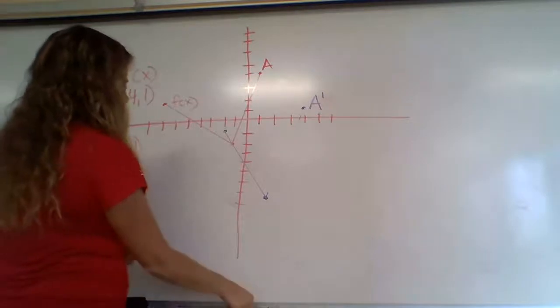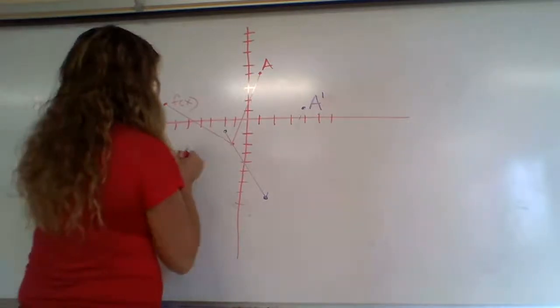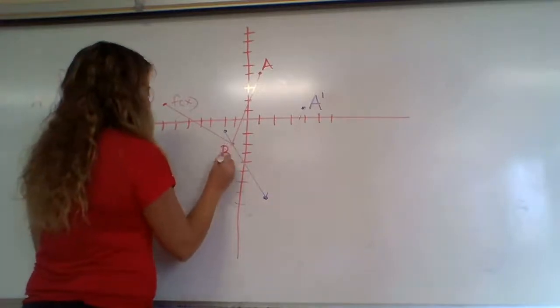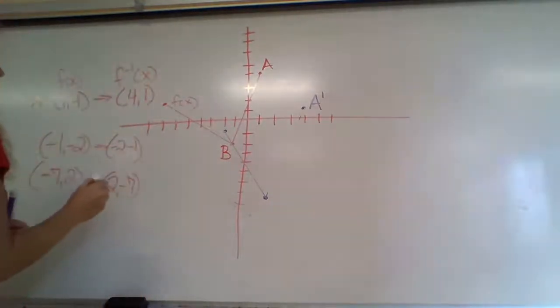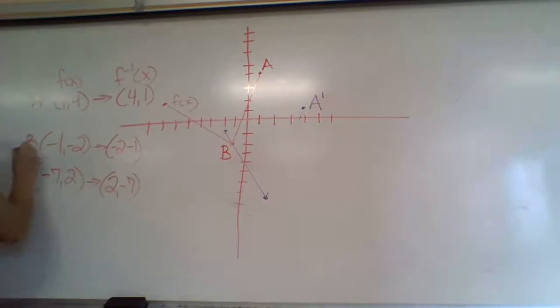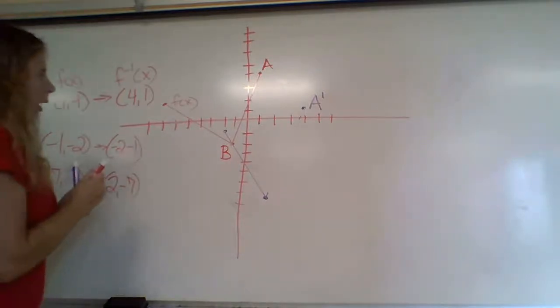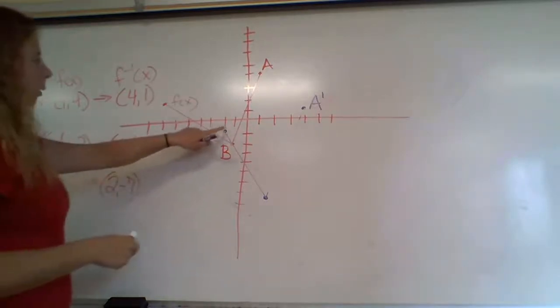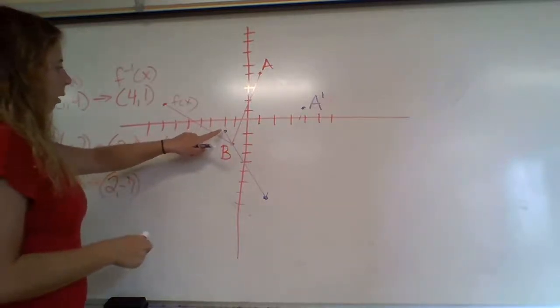Then this red point is B. And B went to negative 2, negative 1.